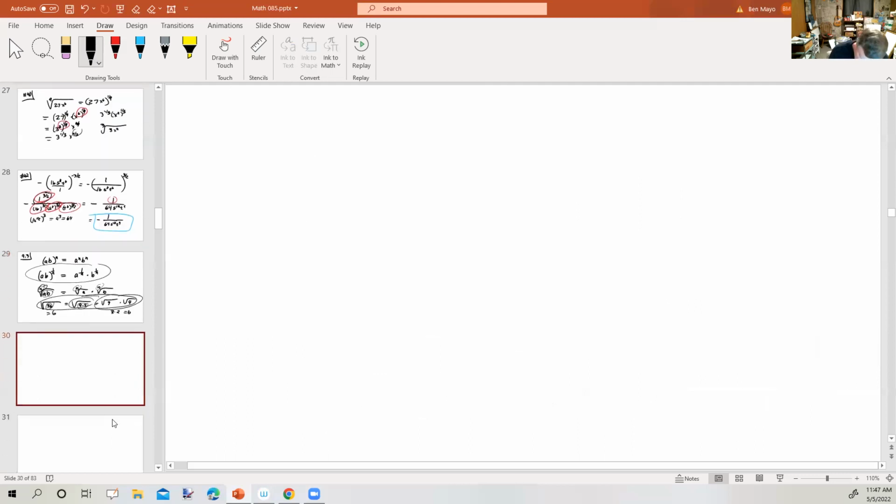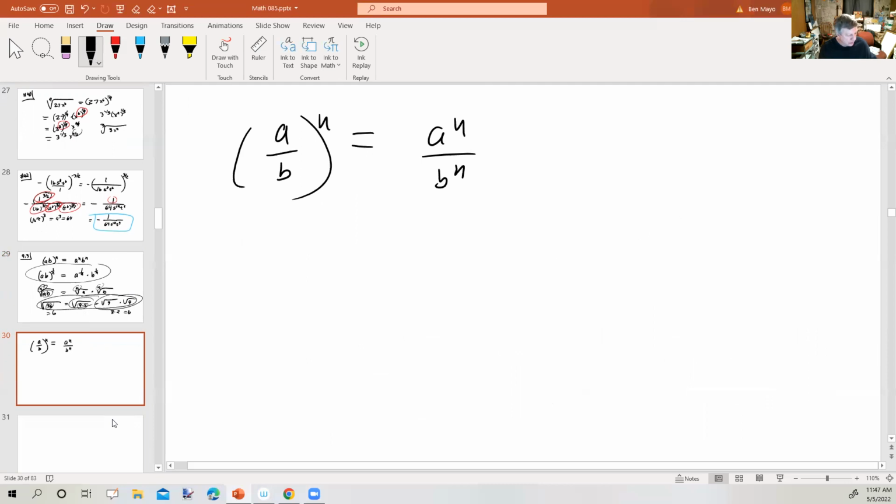Second rule, another one we've already had. Let's say I have a quotient raised to an outside power. I can attach the outside power to both the numerator and the denominator of the quotient. Likewise, if I had something like this, A over B to the 1 over n power, I'd have A to the 1 over n divided by B to the 1 over n.